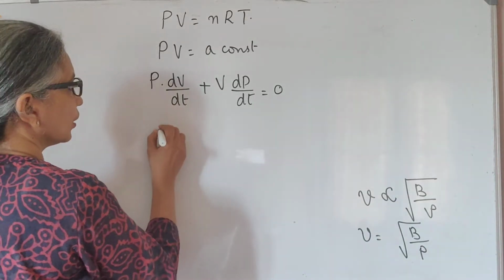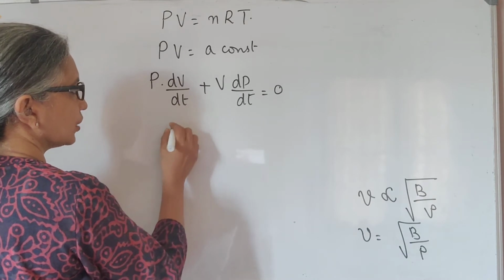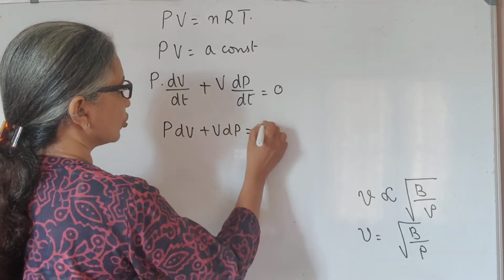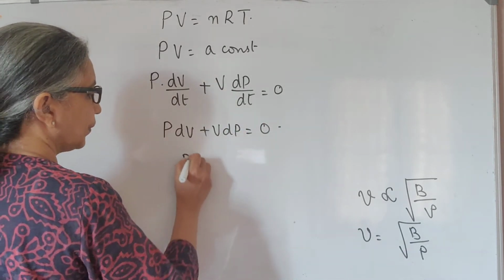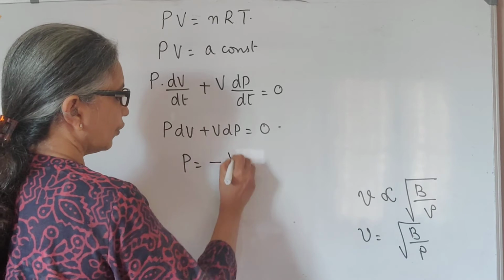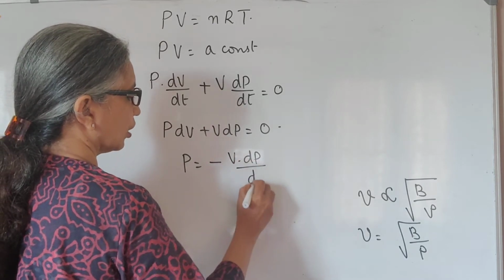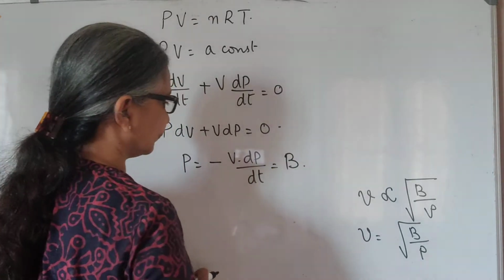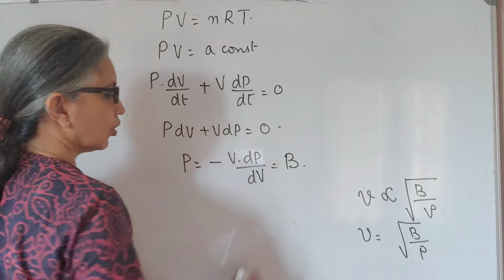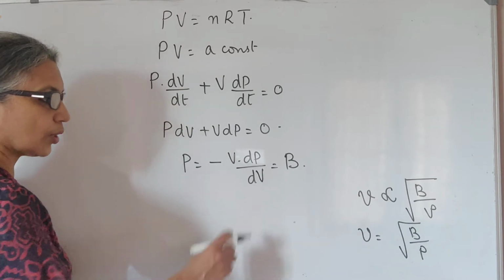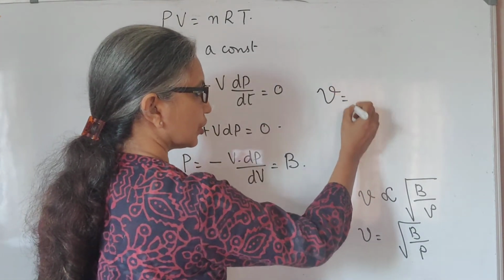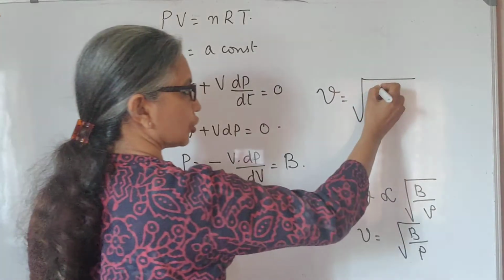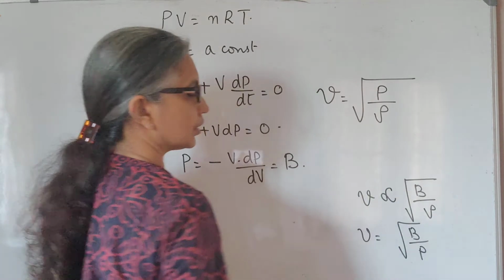So you may write P into dV plus V into dP equal to 0, or I may write P equal to minus V into dP by dV, which is the bulk modulus. So I may replace this in the velocity equation: root of bulk modulus can be replaced with pressure P by the density rho.